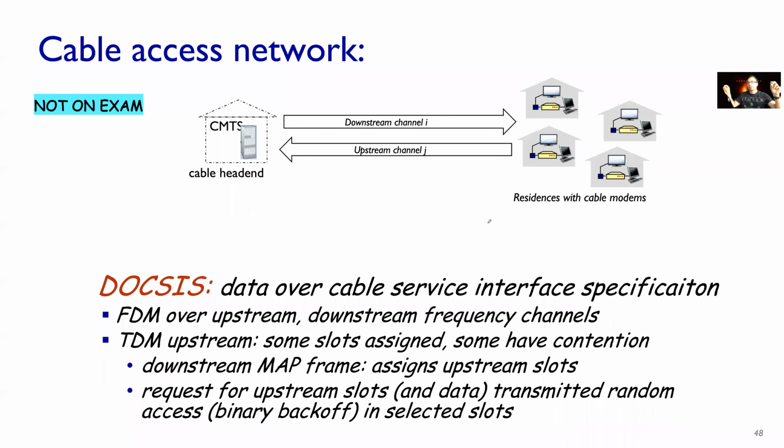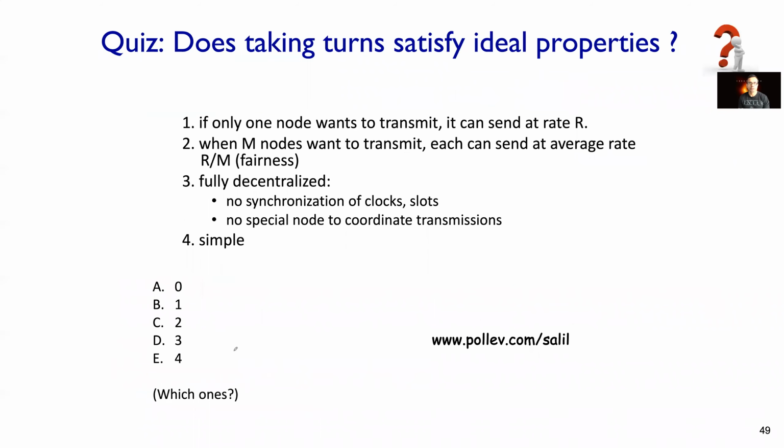And then within those channels, they're using TDM. So they're splitting up the time into slots, and then these slots are being allocated, particularly in the upstream part. The upstream data is using some aspect of TDM. Right? So yeah, this is just to hint at what's actually used in a practical protocol like DOCSIS.